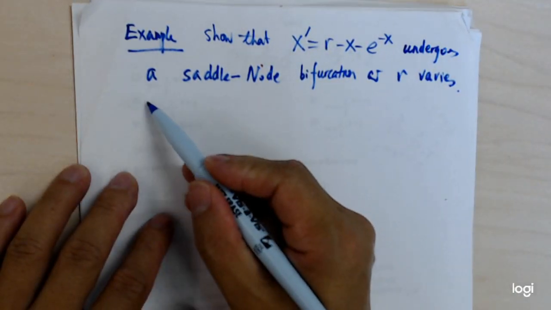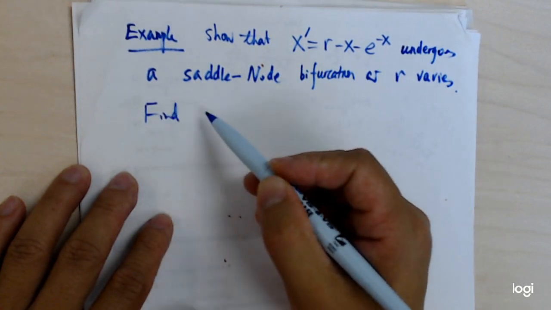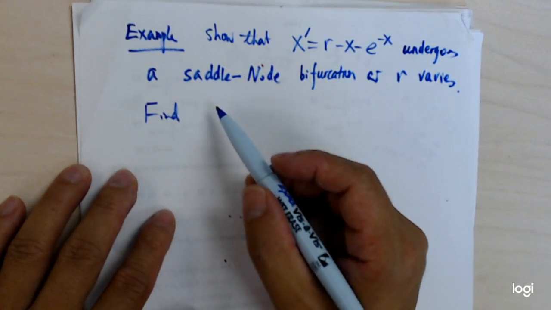And also find out the bifurcation point, or find out the value of R at the bifurcation point.